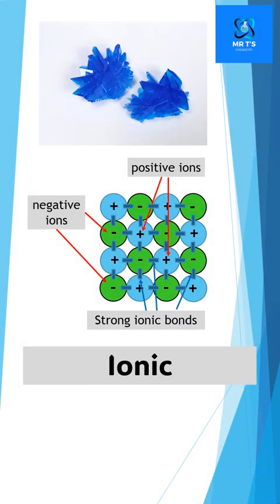This, of course, is an ionic substance. Here's a picture of an ionic crystal at the top here, and remember this ionic substance is held together by strong ionic bonds between the alternating negative and positive ions.